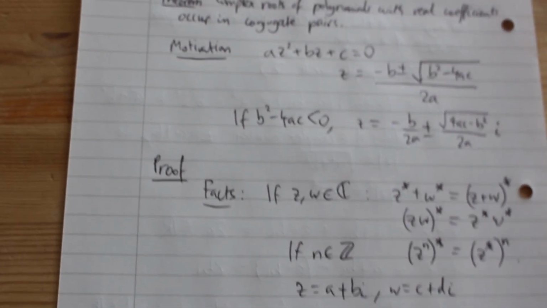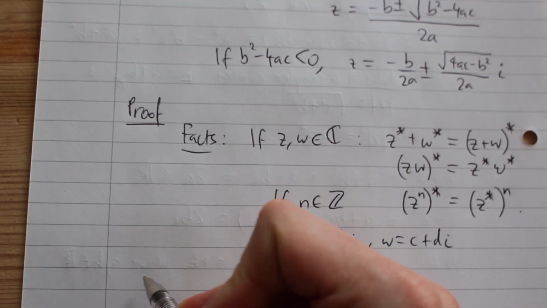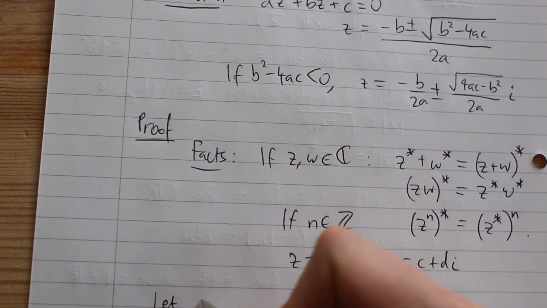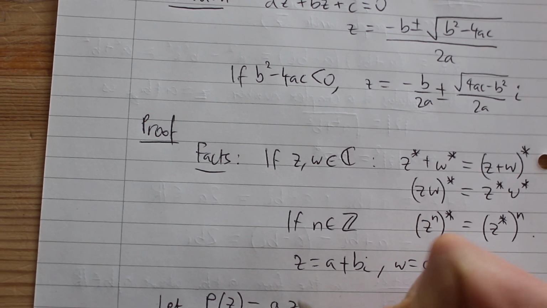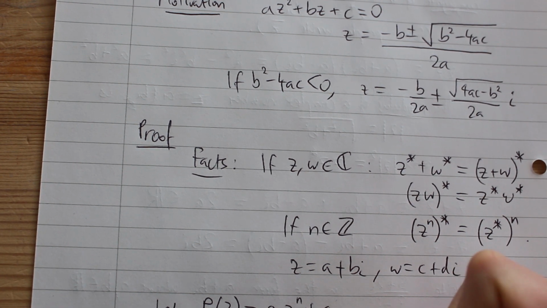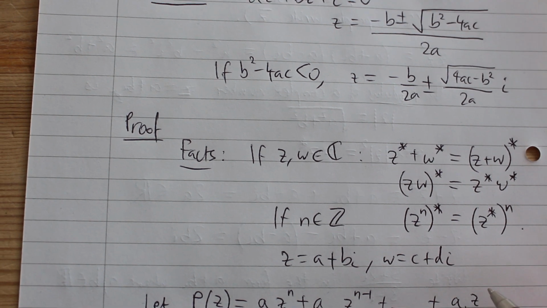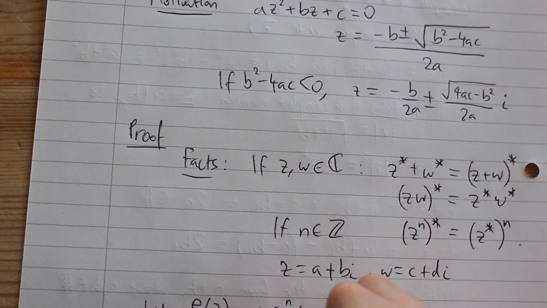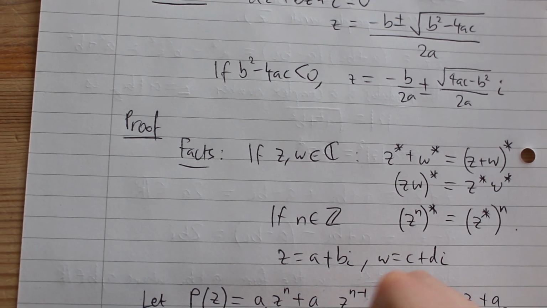So we want to take any polynomial with real coefficients. So let's call our polynomial, if we let p of z be a_n z to the n plus a_{n-1} z to the n minus 1, all the way down to a_1 z to the power 1 plus a_0, where all of these a subscript somethings, the a_i's, are all real numbers.